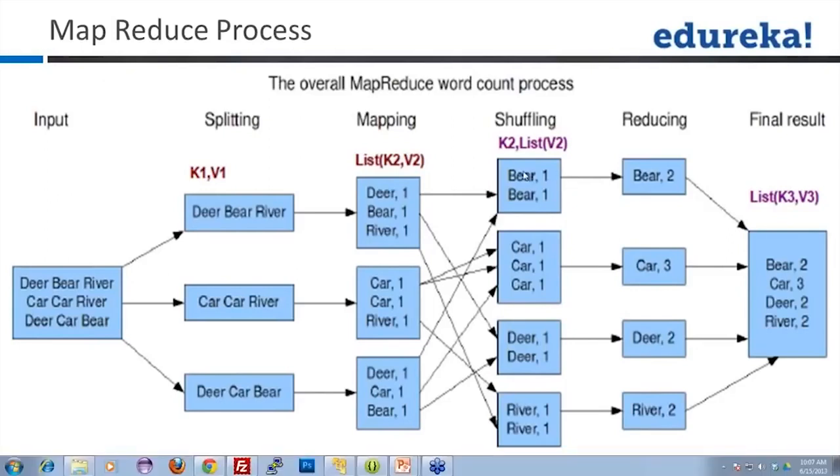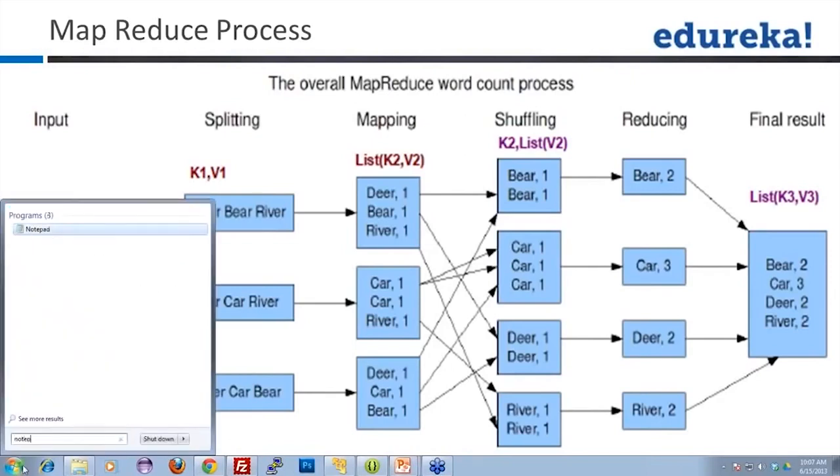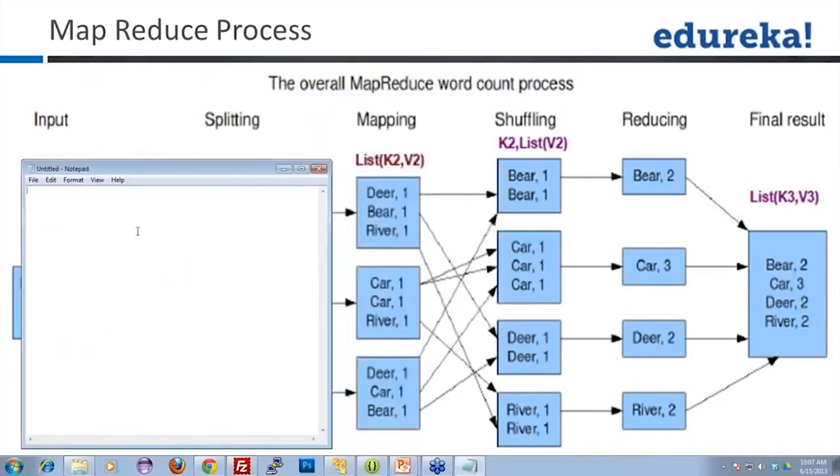You can look at it this way also. Some people who already know MapReduce will ask me, why are you not writing it in the traditional way? So let me just quickly open notepad and show you how it can also be represented.